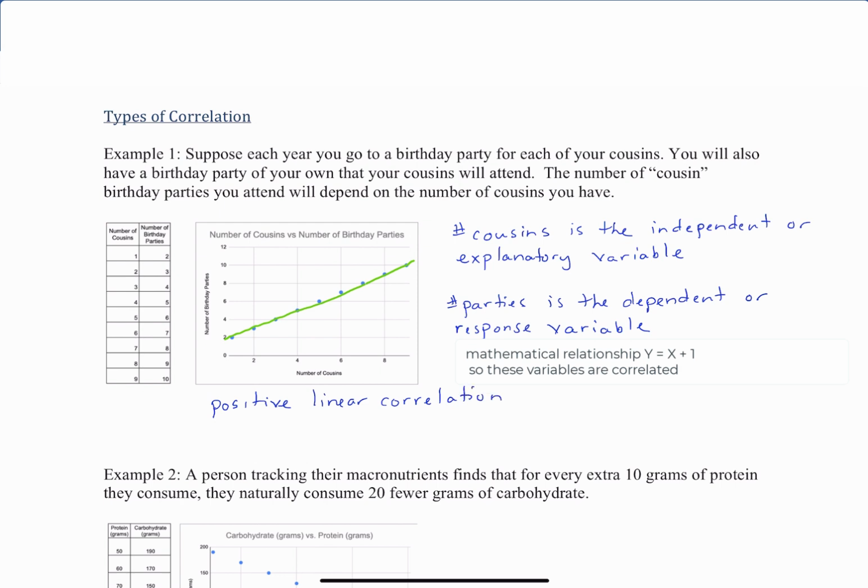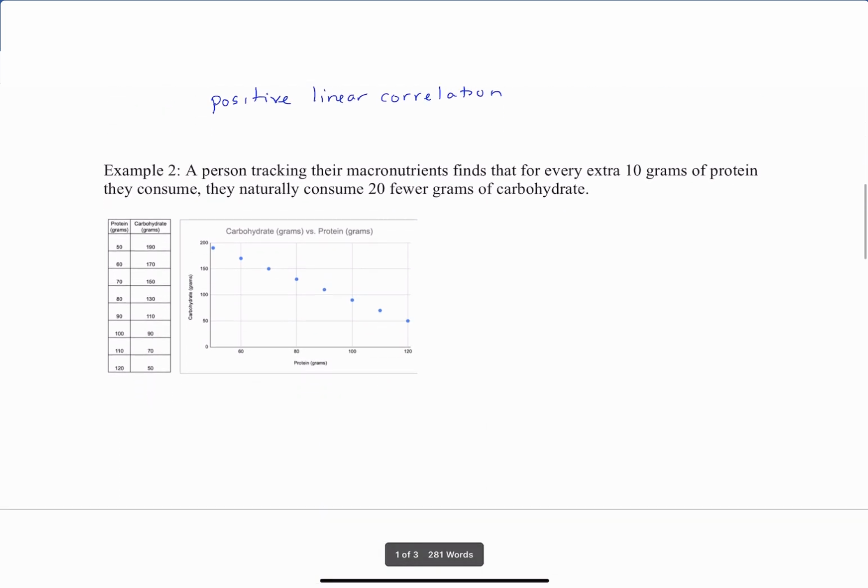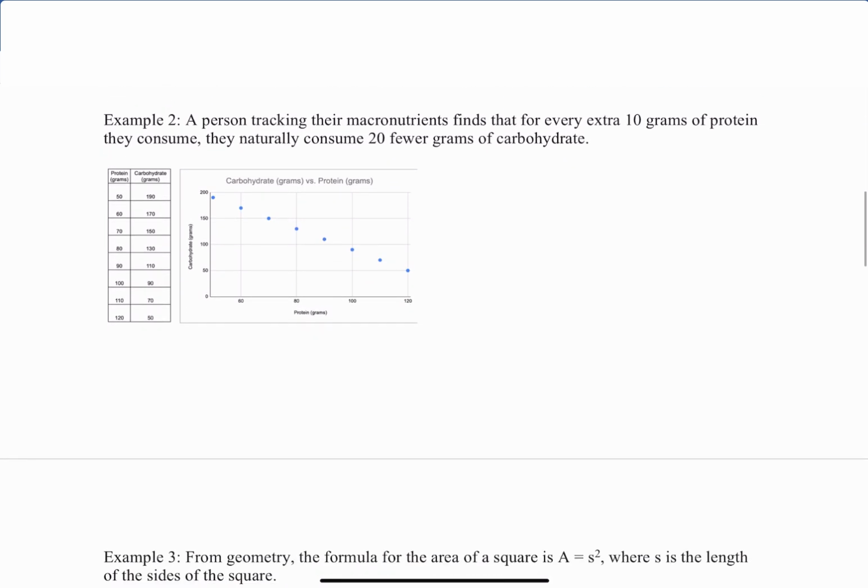Let's see another example. A person tracking their macronutrients finds that for every extra 10 grams of protein they consume, they just naturally seem to consume 20 fewer grams of carbohydrate. So they tracked their intake of both of those things, and they saw that, for example, if they only consumed 50 grams of protein one day, they tended to consume a lot of carbs.